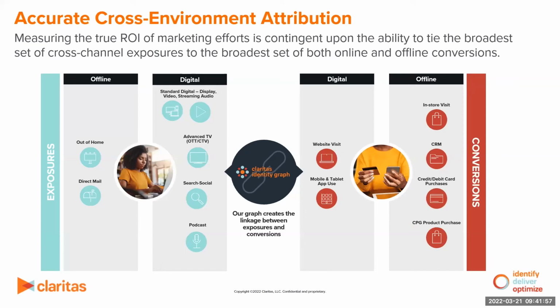Our cross-device and cross-environment attribution integrates impressions across digital display, OTT and CTV, streaming audio, podcast, direct mail, mobile, and out of home, and then conversions across most advertiser websites for site visits, form submissions, online purchases, etc., in-store traffic, and offline sales, including credit card purchasing and CPG shopper card data. Also, in-app purchases and OTT and CTV viewing.